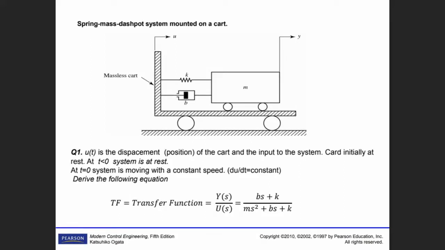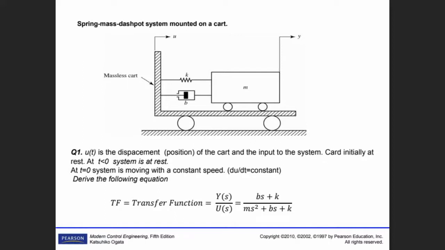I'm going to open the relevant document. I'm going to give a hint first.